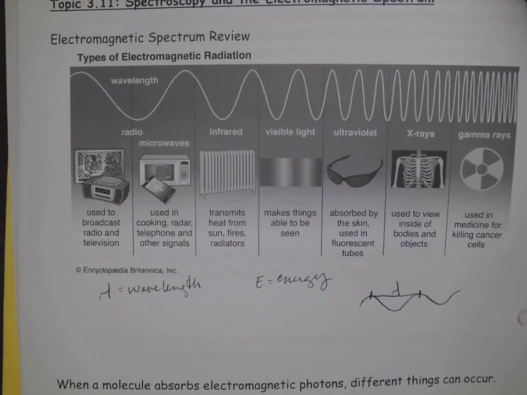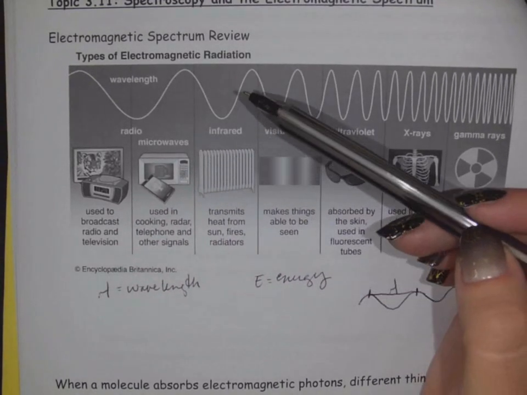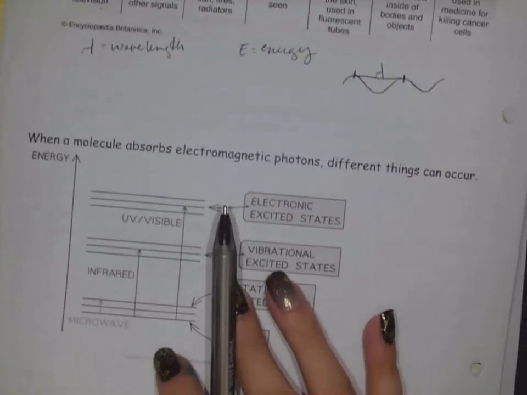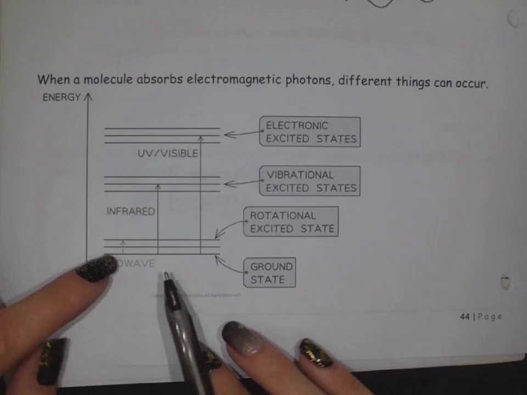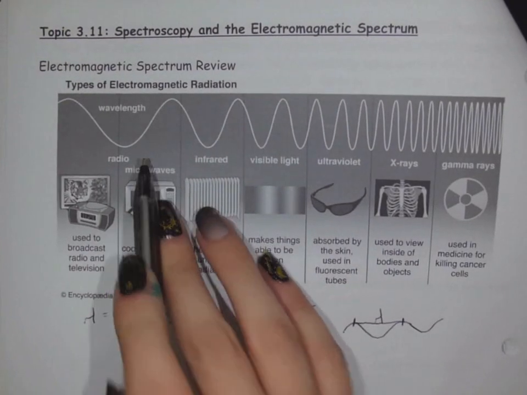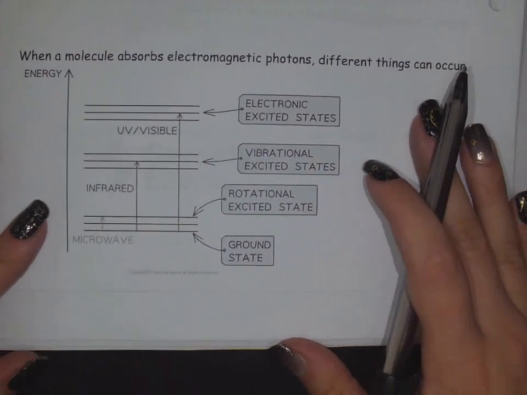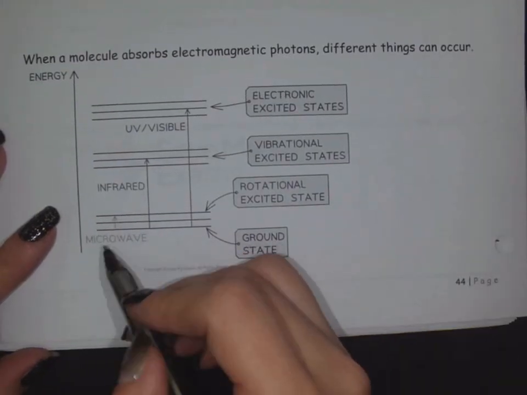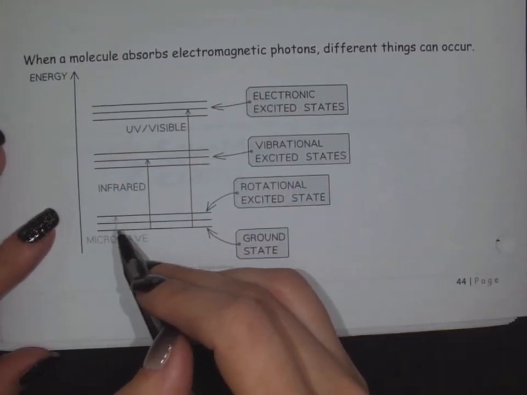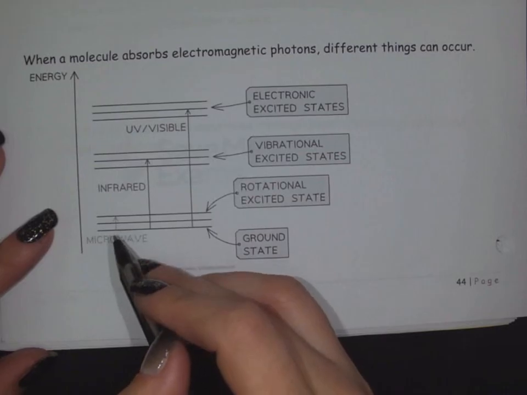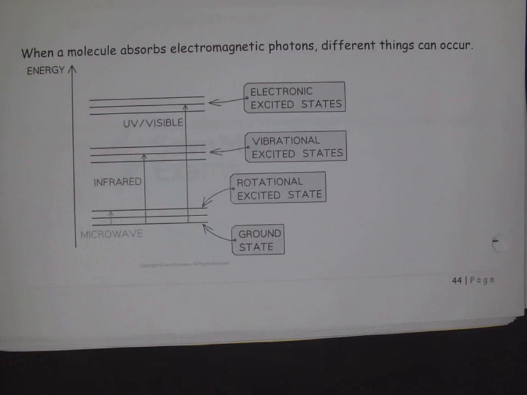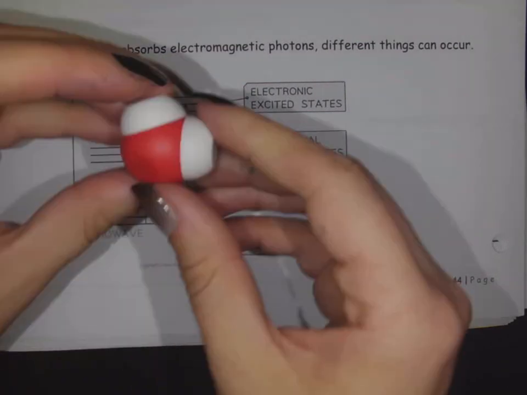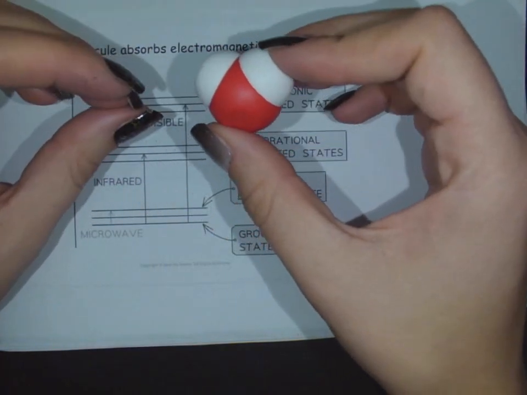We're going to start with microwaves. If an AP Chem question says a molecule absorbed some microwaves, it absorbed a little bit of energy, and that little bit of energy makes the molecules rotate.